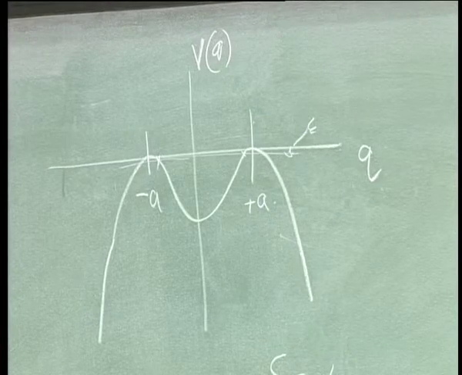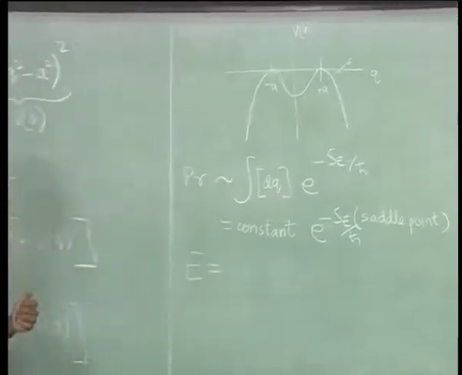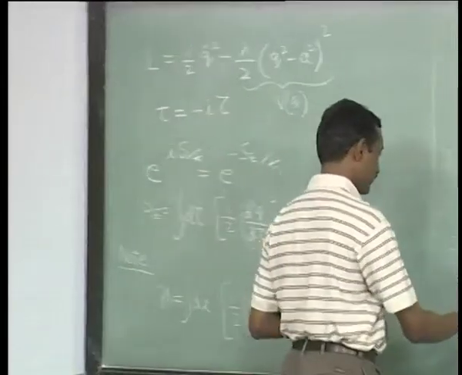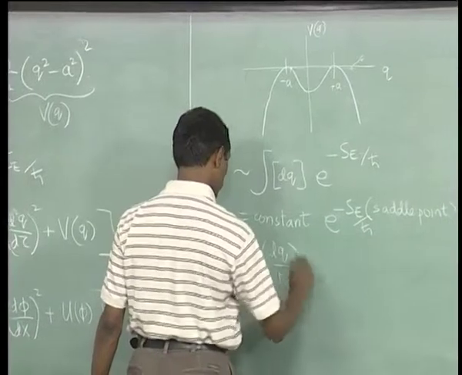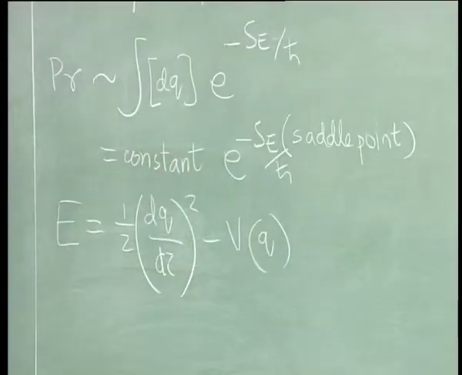We want to work out the solution, but this is a very simple one. One integration comes for free because energy is conserved, and that would be just half (dq by d tau) whole square minus V of q. For our tunneling solution E is 0.